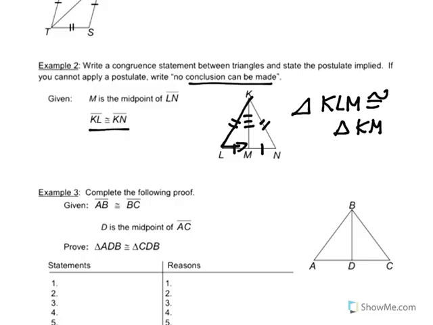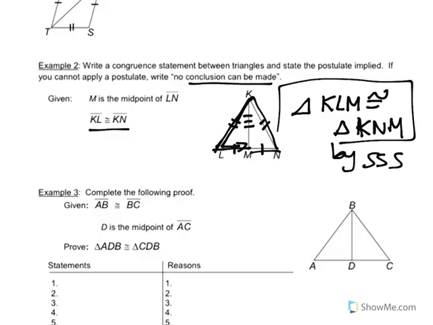So I want to fix that. KNM by side, side, side. Always put them in the same order. We went from K to L, so we're going to do K to N, and then L to M, so N to M, like that.